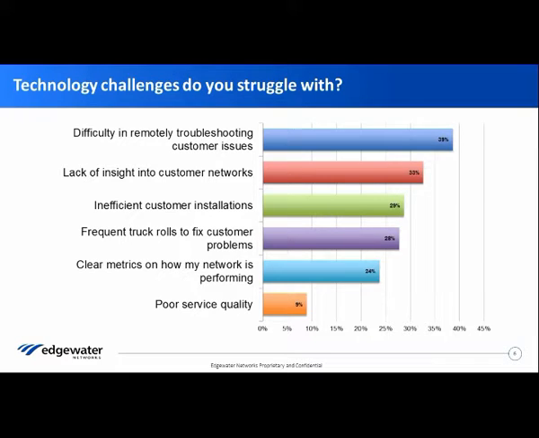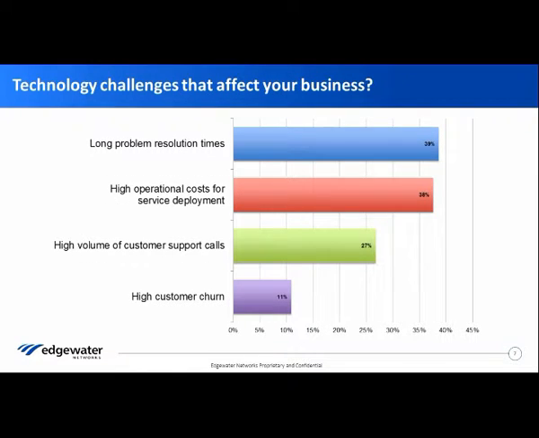So the next slide goes into the challenges, but how do all of these challenges affect the business of both the provider and the customers? Well, two big things. One is obviously these are all revenue bearing. The customer churn is obviously revenue bearing, but the cost bearing elements of long resolution times, high volume of support calls, high operational costs for deployment.